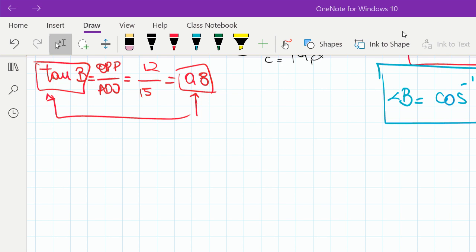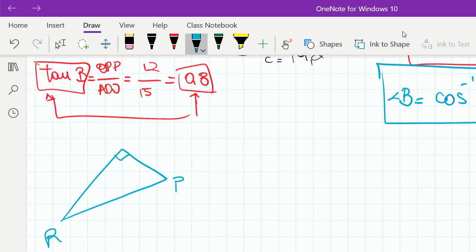Okay, so let's see another example of finding the angle when the right angle triangle is given. Let's suppose that we have this as the right angle triangle, RPQ, and we are looking for this angle theta here, knowing that we have the sides PQ as 8 and the side RP as, let's say, 12.